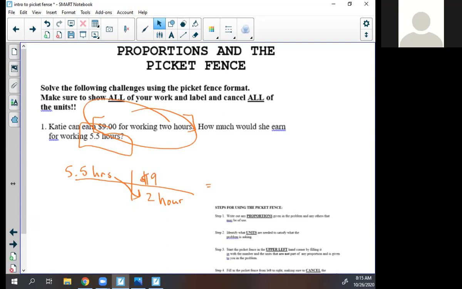Okay, now I'm left with hours canceling out, even though I wrote it 2 different ways. I'm left with money. Is that what I want to know? Yeah, that's the universal sign for how much would you earn. That's money. So I take 5.5, I multiply it by 9, and I divide it by 2, and I get something 20. What?